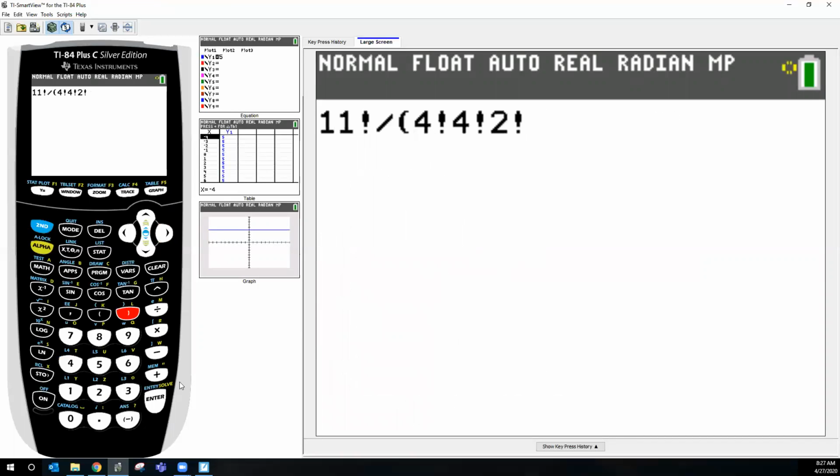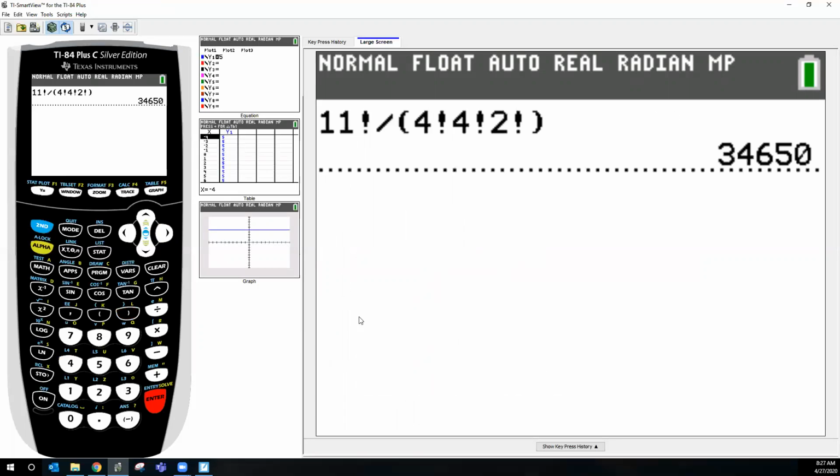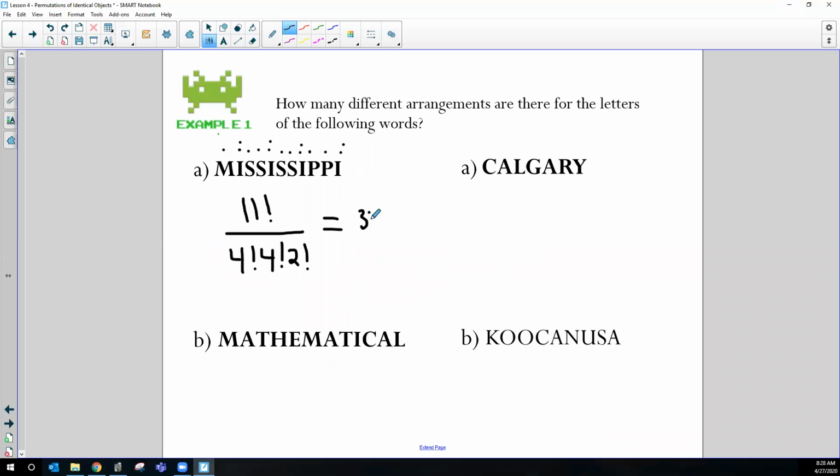So the total number of possibilities is 34,650, which is a lot smaller than just 11 factorial, which we would have used in the last lesson if all the objects were different.